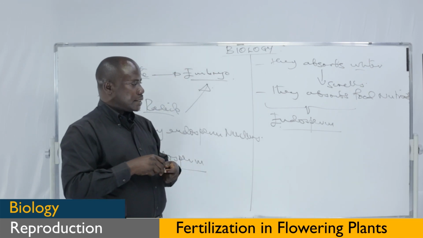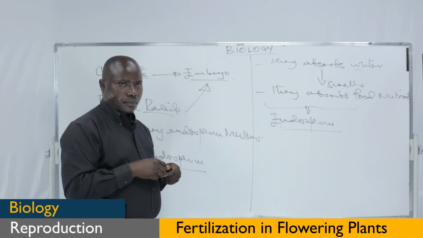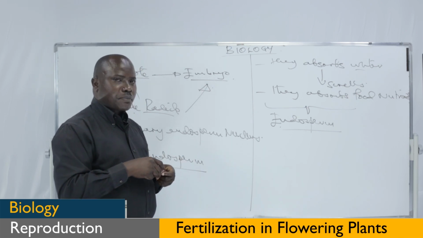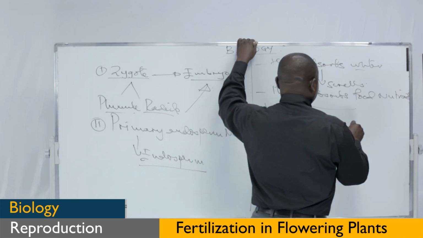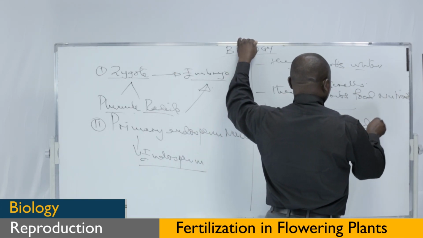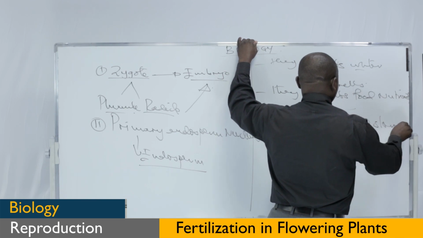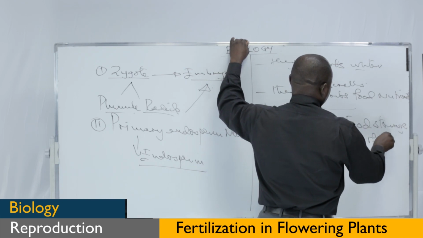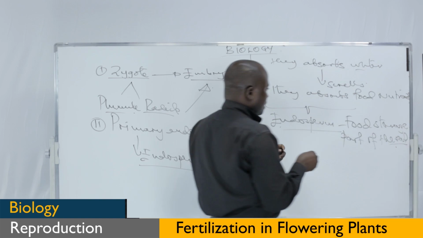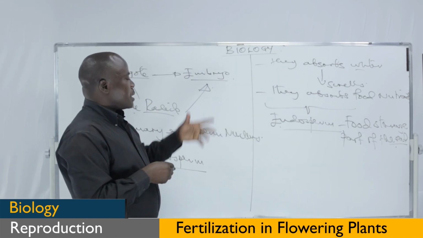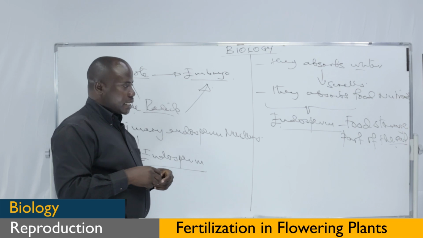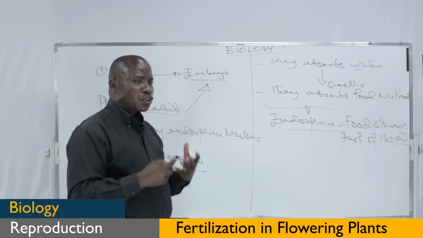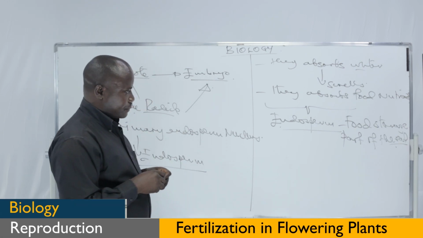But the question here is, what is the importance of the endosperm? The endosperm is the main food storage part of the seed. Therefore, one of the importance of double fertilization is the formation of endosperm, which forms the main food storage part of the seed.